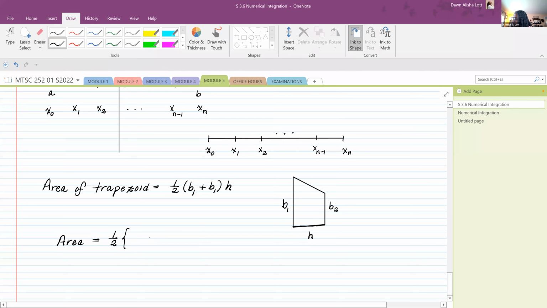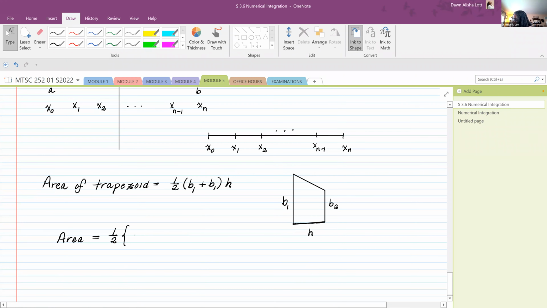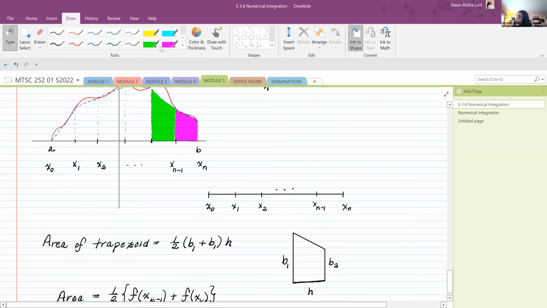Well, the first number, this height, maybe is f of x sub k minus 1 plus the height of the next one, f of x sub k, and then times the distance we said here, or that distance, should put there instead. That is delta x.